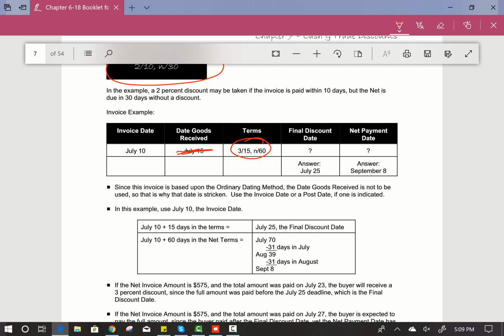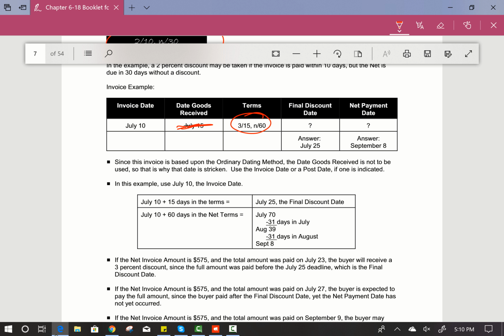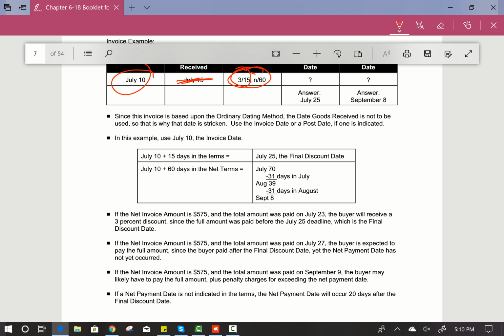So I want to know what the final discount date is, and then when the net payment date is as well. I'm going to take July the 10th and add 15 days in the terms. So July the 10th plus 15 days equals July the 25th for the final discount date.